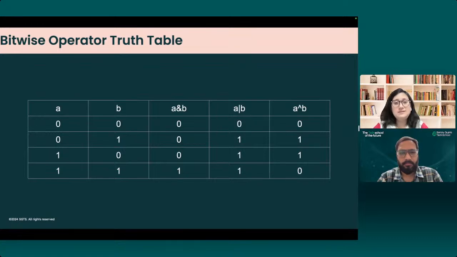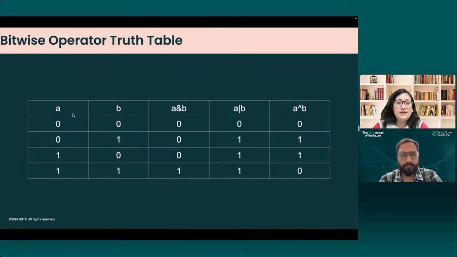In that case, the AND operator will give you a 0 only. The OR operator, you can see, is also going to give you a 0. And the XOR operator, I told you that whenever two inputs are the same, it is going to give you the 0 output. So that's why we have got a 0 for the XOR operator as well.